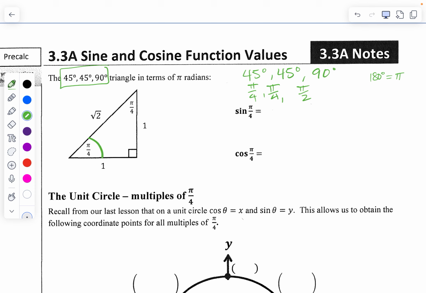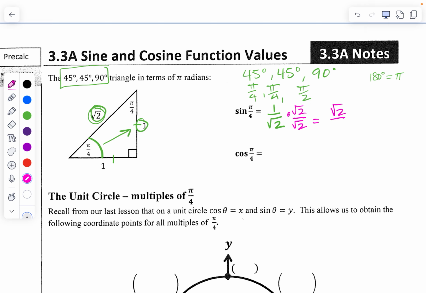Anyway, from this angle, that pi over 4, 45-degree angle, remember that the two side lengths were the same, so we called them 1, right? If they had a ratio of 1, then the hypotenuse was a root 2. Well, that tells me that the sine, which is opposite over hypotenuse, was 1 over the root of 2. We know that we have to rationalize that, so we're going to put that root 2 on top and bottom.